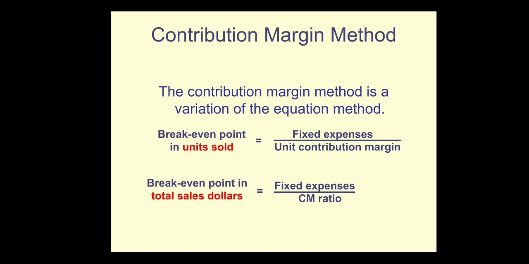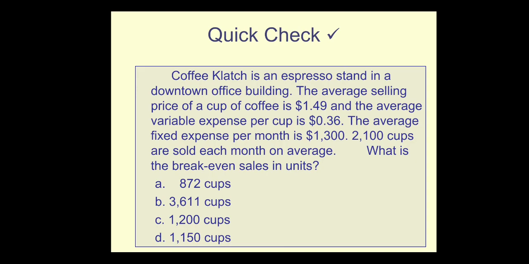The fixed cost is 80,000, divided by 0.4 CM ratio. You will get the answer equal to $200,000. So same, you use this method or the equation method, you will get the same answer, except that I think this method is easier and quicker, provided that you have memorized the formula. Okay, so let's see this sample question.